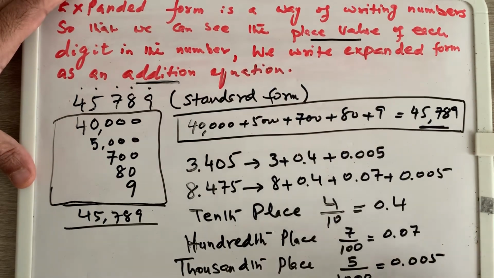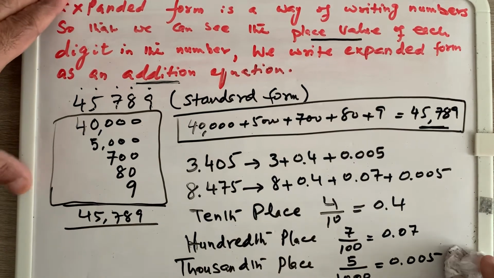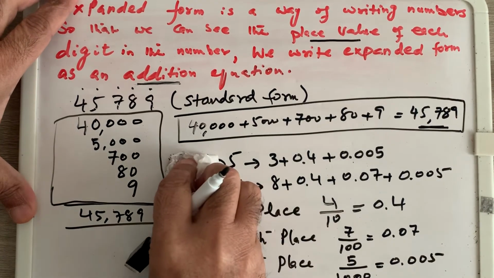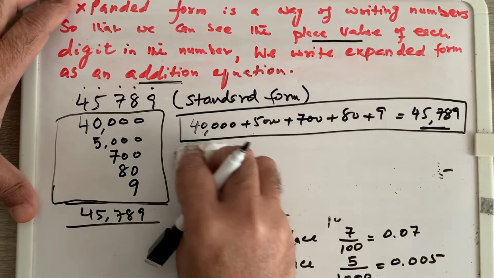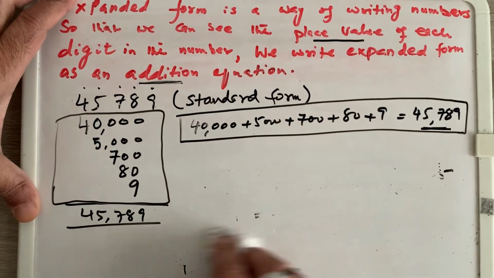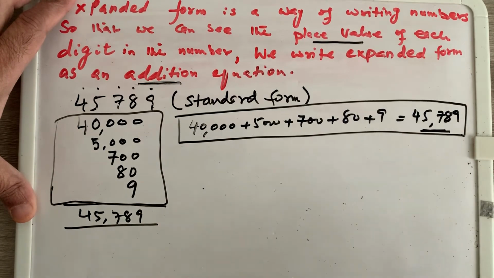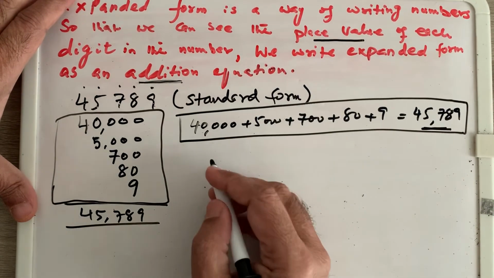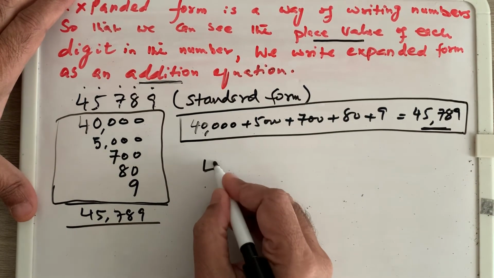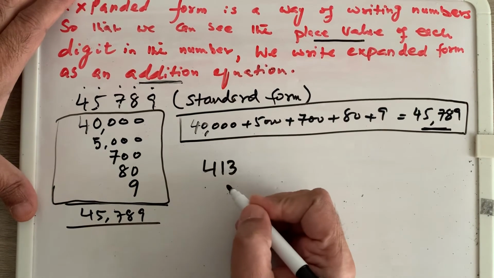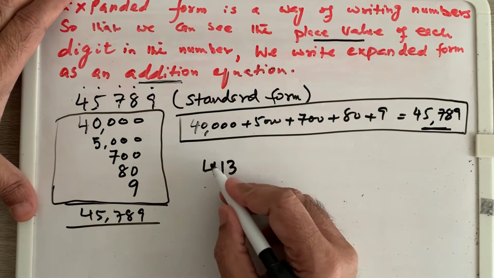So expanded form is always written to show the place value of each digit in that particular number. And we can take a few more examples maybe. If we have, for example, 413, right? So what is 4?